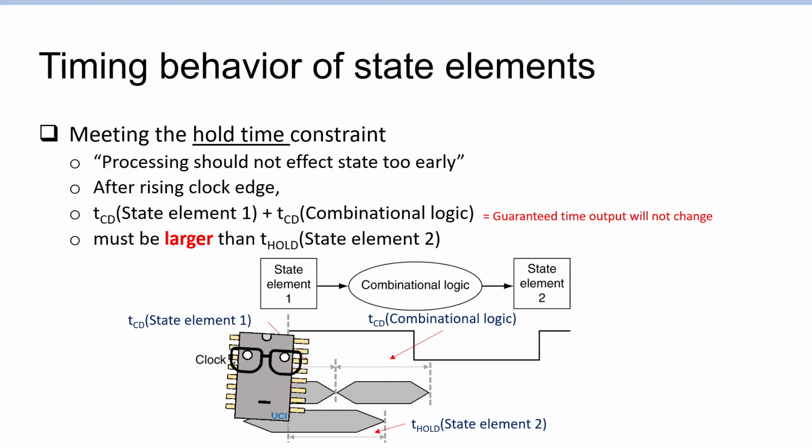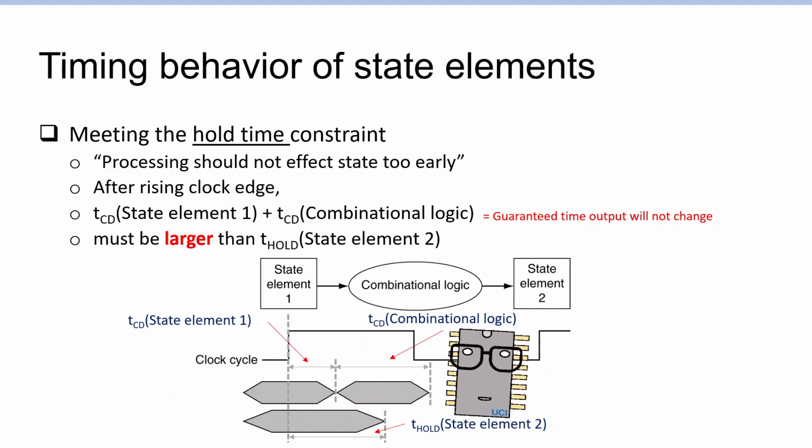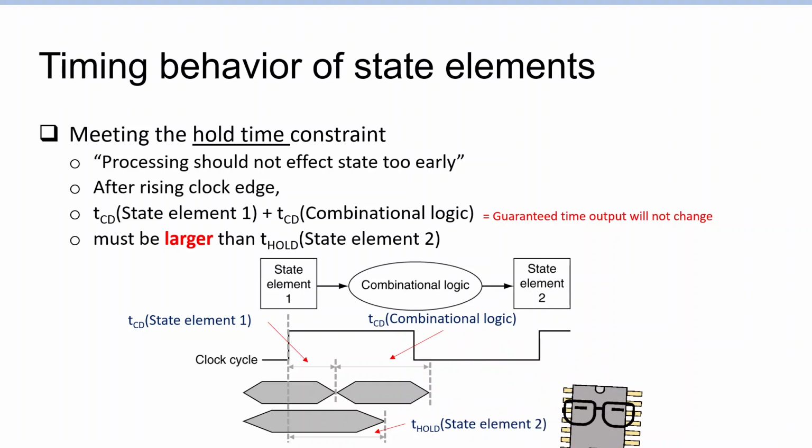And if the contamination delay of these two things combined is shorter than the hold time of state element 2, then the input to state element 2 may have changed before the hold time constraint is passed, leading to unpredicted behavior. So these are the two major timing constraints that need to be met by the circuit which we design.